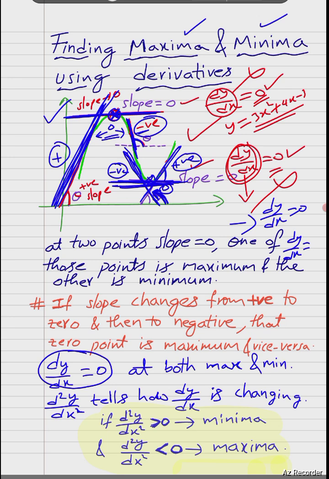Near the minimum value it is changing from negative, 0, and then positive. So dy by dx is not sufficient, so we have to find d square y by dx square, the slope of the slope, we can say. So dy by dx is the slope; d square y by dx square is how the slope is changing, that is, how dy by dx is changing with respect to x.